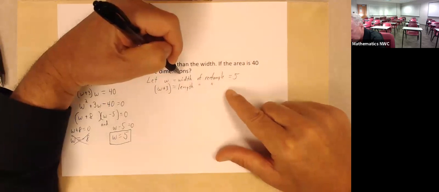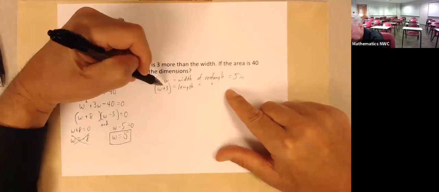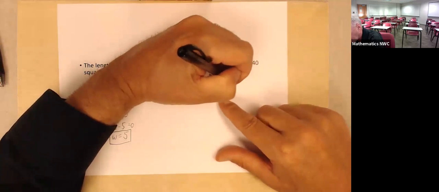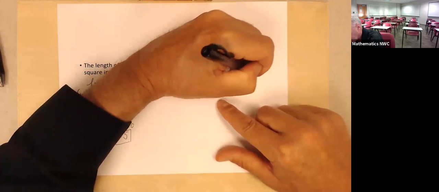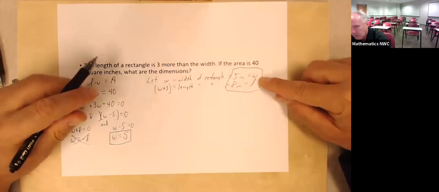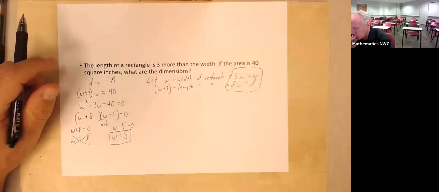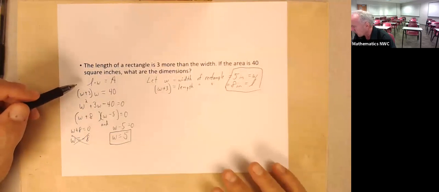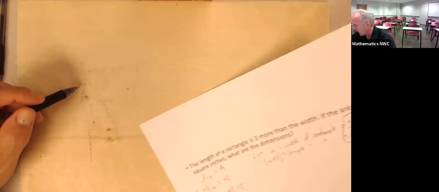My width here is in inches. And W plus 3 would be 5 plus 3, or 8 inches. So my width turns out to be 5 inches, my length 8 inches. But notice we had a second degree equation from that.